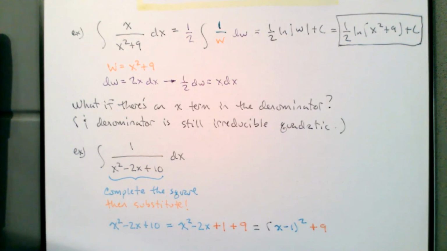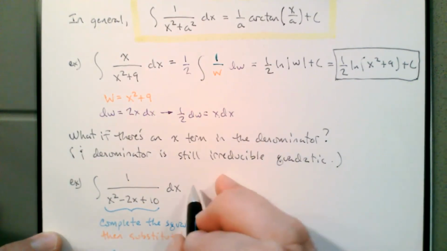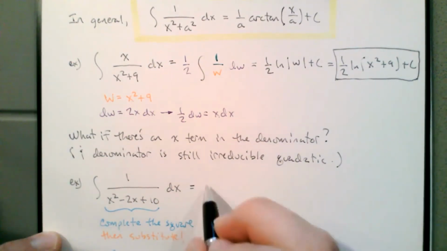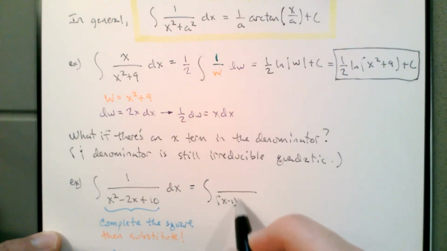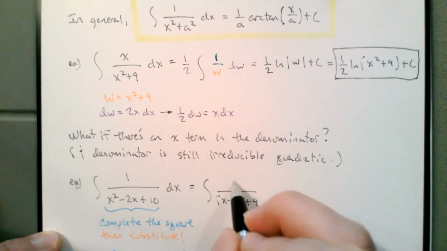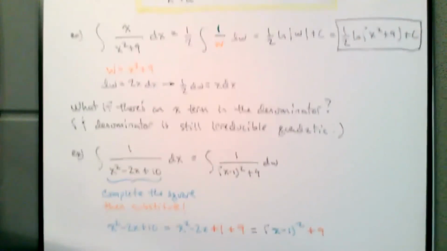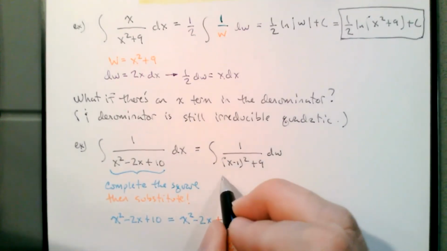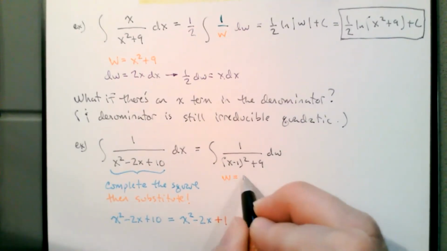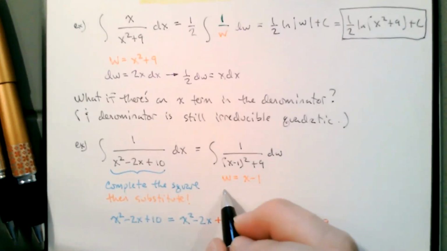And now I can substitute my way into my general arctangent. So integrating 1 over x squared minus 2x plus 10 is equal to the integral of 1 over x minus 1 squared plus 9. Now we can just do a substitution and use our general arctangent. So w is going to be x minus 1. dw is just dx.